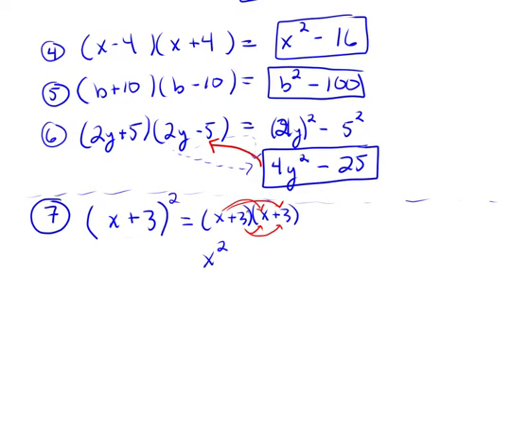So let's look at what it actually is. x times 3 is 3x for a middle term, and our other middle term is also 3x. So those two together, 3x and 3x, they're the same, except this time I have to add them together. So it's the same middle term like we did before, but before it zeroed out because one was positive and one was negative.